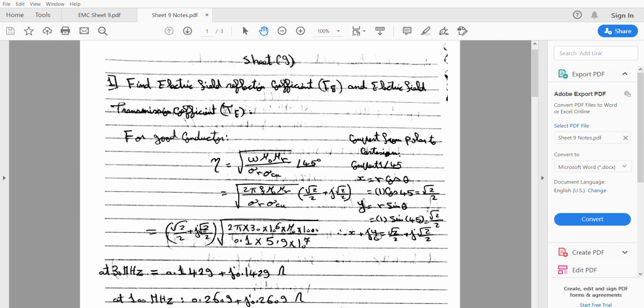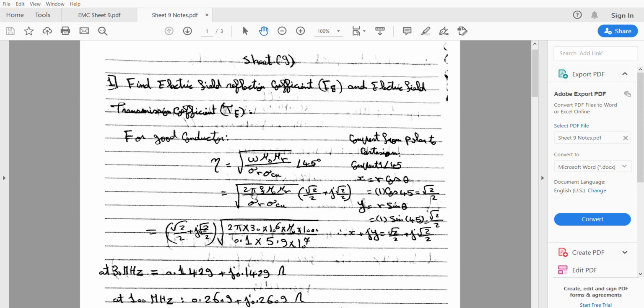And to get the value of y, r sine theta, where r is equal to 1 and theta is equal to 45. So x plus jy equals root 2 over 2 plus j root 2 over 2. We plugged it in here instead of the phase. We convert it into Cartesian in order to be able to calculate it on the calculator.